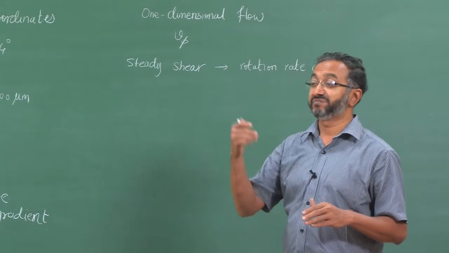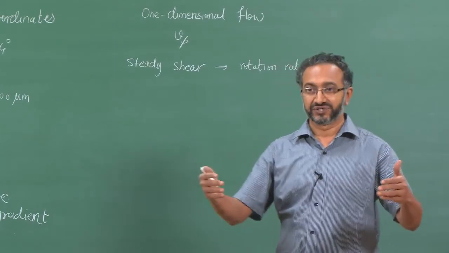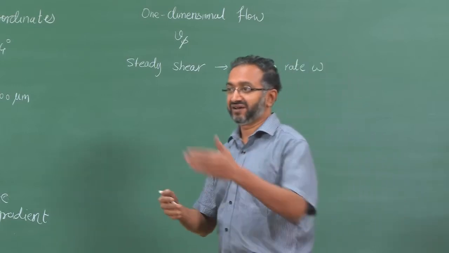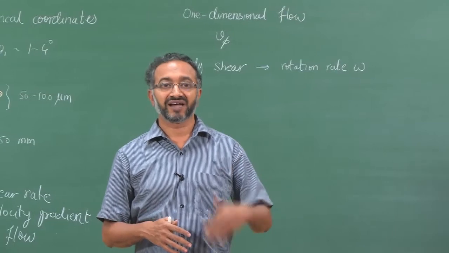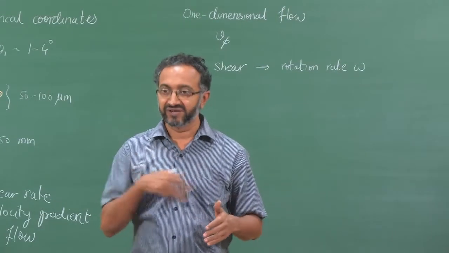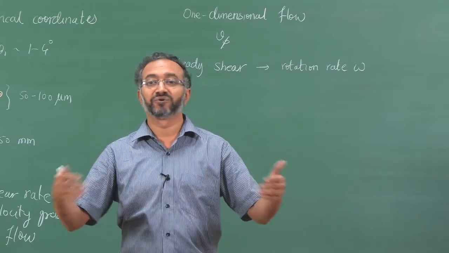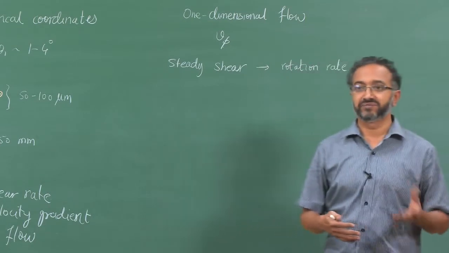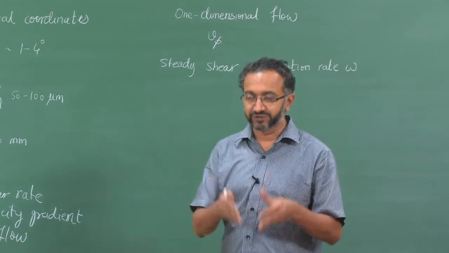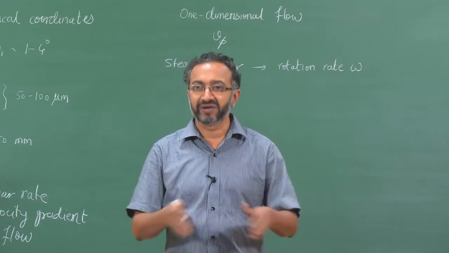However, radial velocity may arise if there is a centrifugal force. As was pointed out, if we are doing the experiment at a higher shear rate, with a higher rate of rotation, it is possible that the fluid will get thrown out. In fact, this happens quite a few times in rheometry. When you are trying to measure a sample and you go to high shear rates, you can see fluid coming out of the geometry.